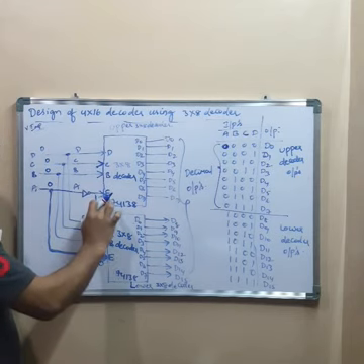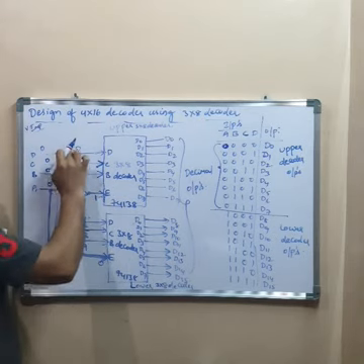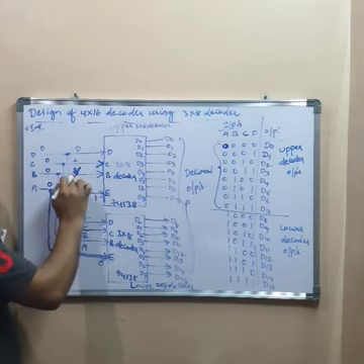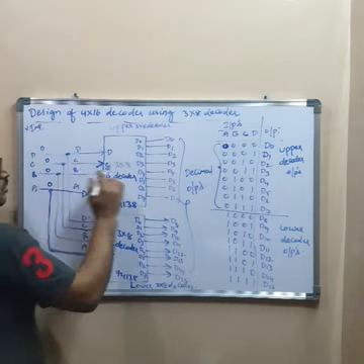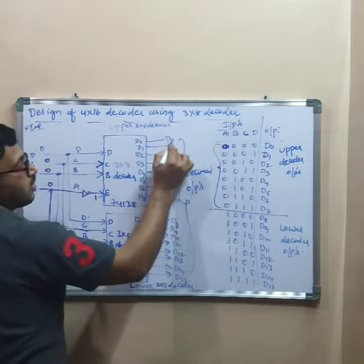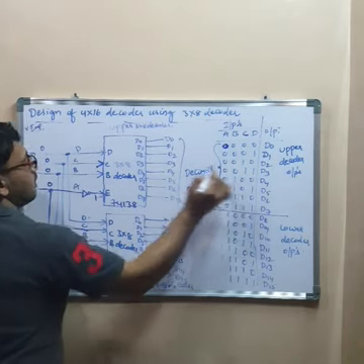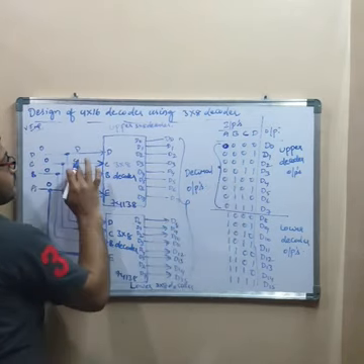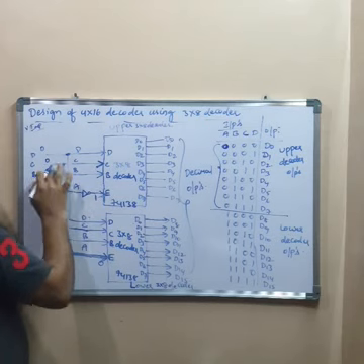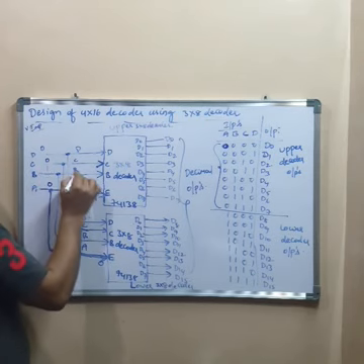And the enable input of this upper decoder is activated. If the enable input of this is activated, based on the combination of these three inputs, BCD, if BCD is equal to 0, 0, 0, D0 is activated at the output. If it is 0, 1, 1, 0, 0, 0, 1, 0, 0, right?